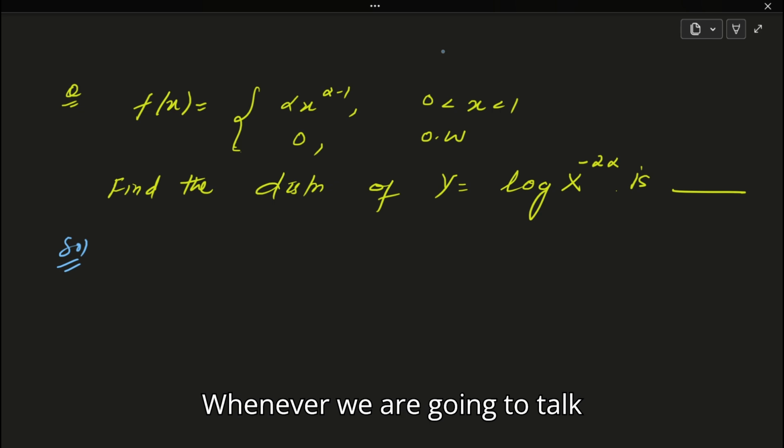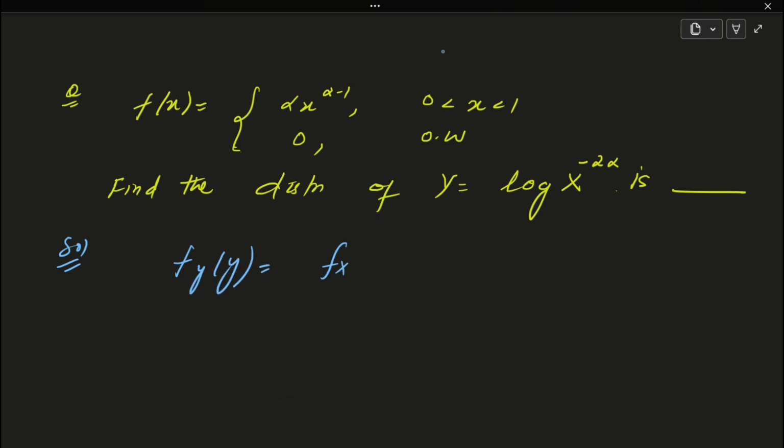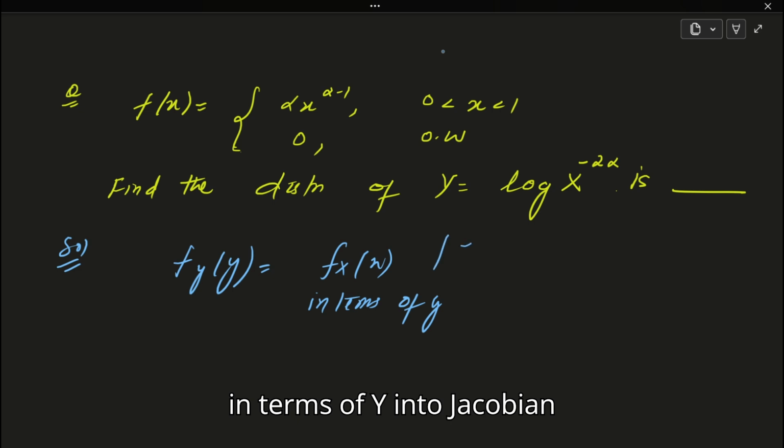Whenever we are going to talk about a new variable based on the old variable, we use the concept of transformation, right? To deal with this question, let me show you the simple formula. Whenever we need the PDF of the new variable, that's the old variable in terms of y, into the Jacobian.